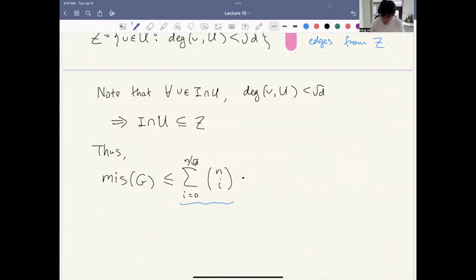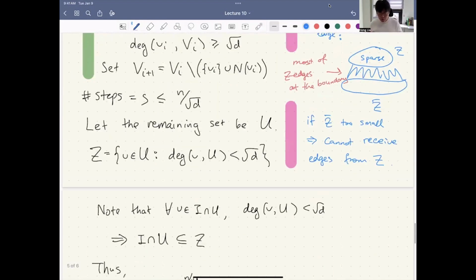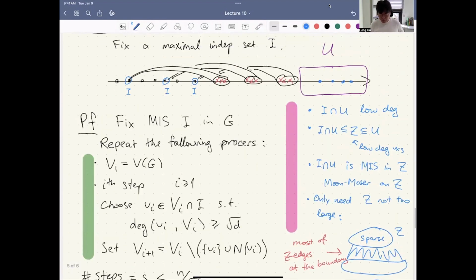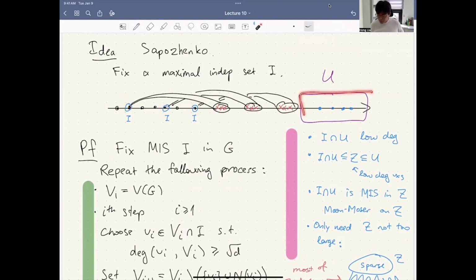So this is the number of choices for v1, v2 to vs. After we choose v1, v2, vs, we know the remaining is in Z.